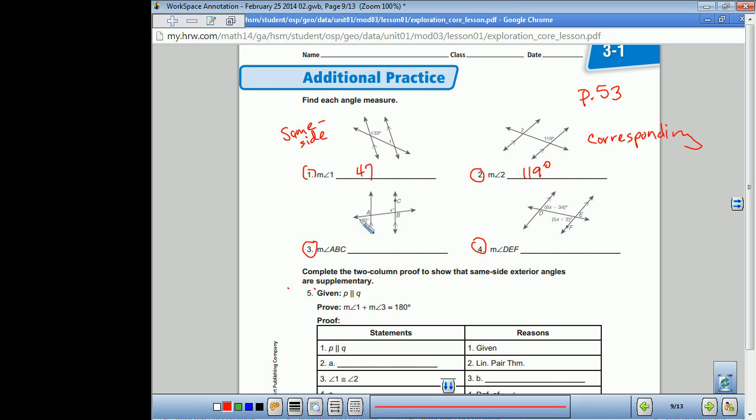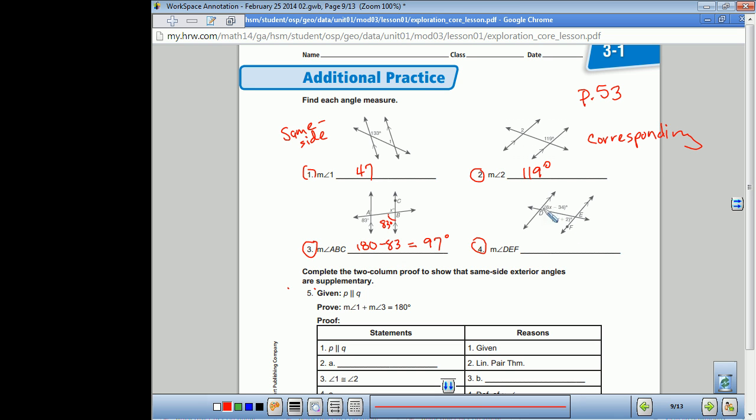But if this is 83, then its corresponding angle would also have to be 83. Now do you see that x and this angle form a linear pair? Yes. And a linear pair is supplementary. So we would subtract 83 from 180, and we get 97 degrees.